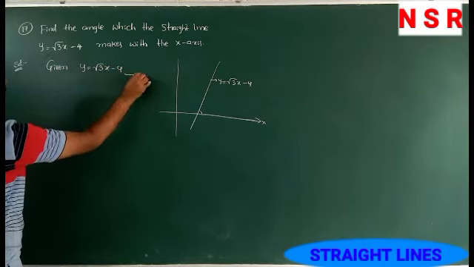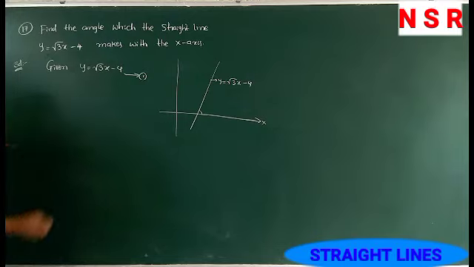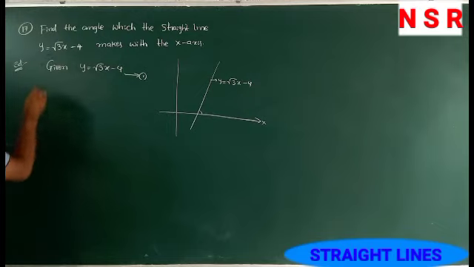Take it as equation number 1. This equation is in the slope intercept form, y = mx + c.